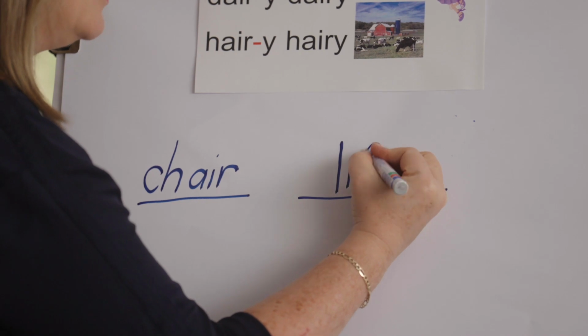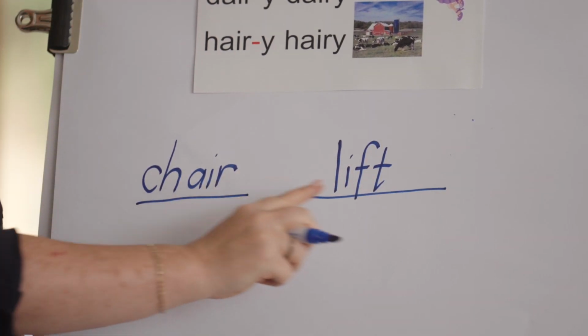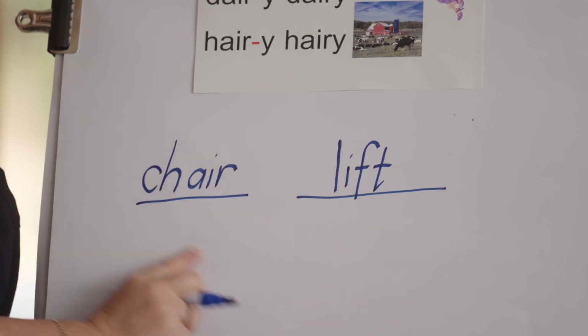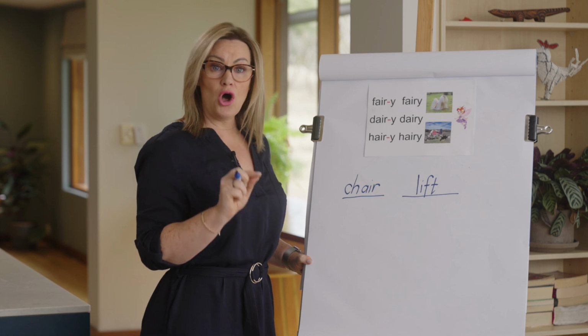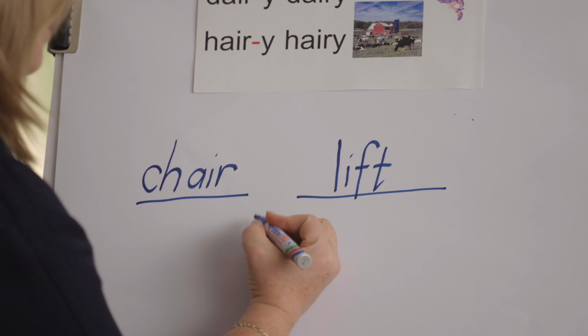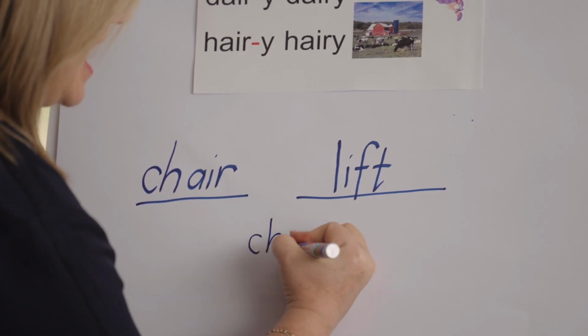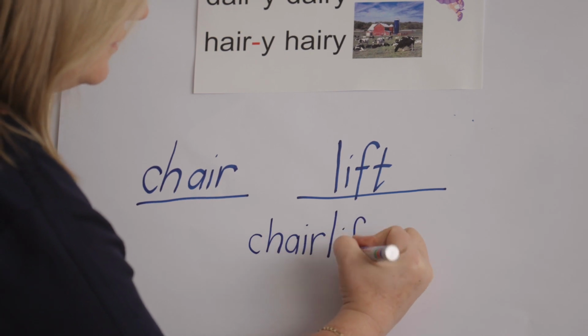I. Lift. So here's our multi-syllables. Chair, lift. That's actually a compound word today. Please write now in your book the whole word. Chairlift. Start with the first syllable. Ch. Air. Lift. Chairlift.